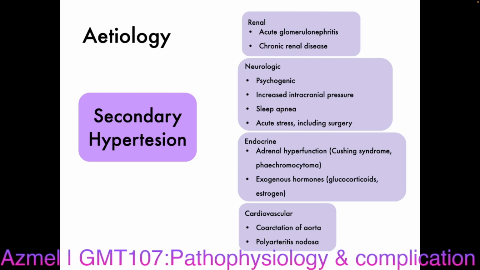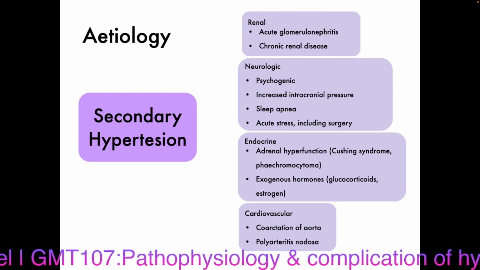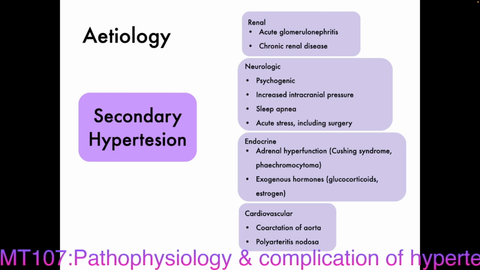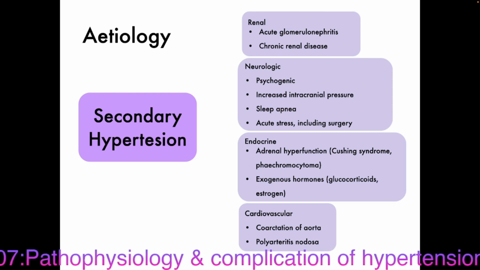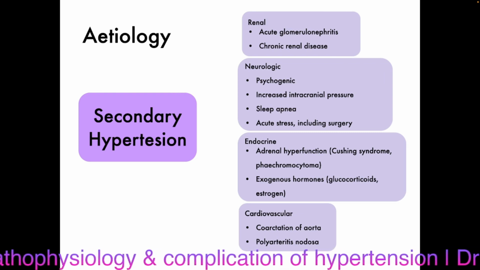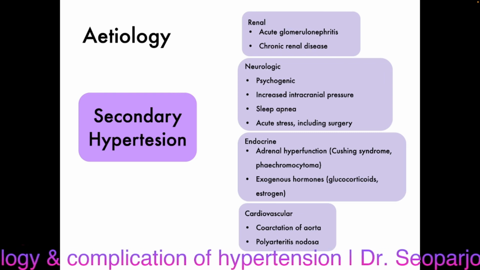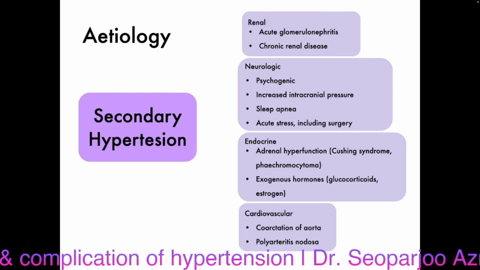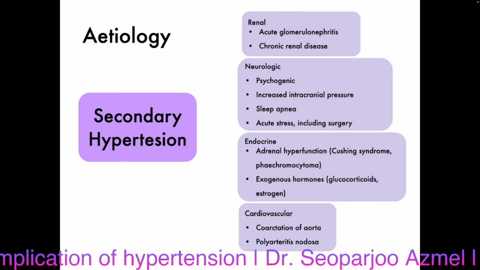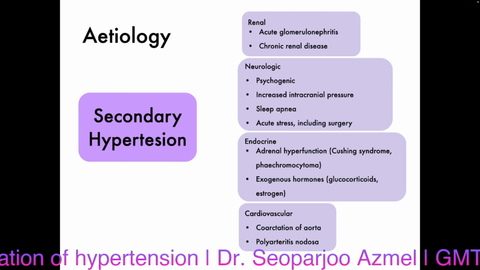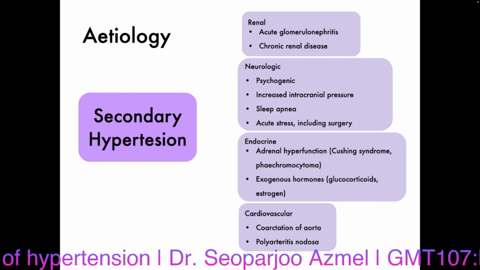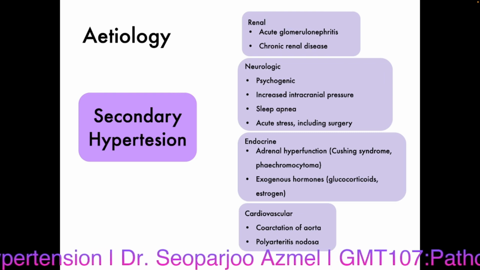Next is the endocrine causes, for a person who has adrenal hyperfunction, for example Cushing syndrome or pheochromocytoma. These hormones will increase the blood pressure and cause hypertension in the patients. Next are exogenous hormones, for example if a patient takes steroids or exogenous estrogens, this can also give rise to hypertension due to water retention in the body.